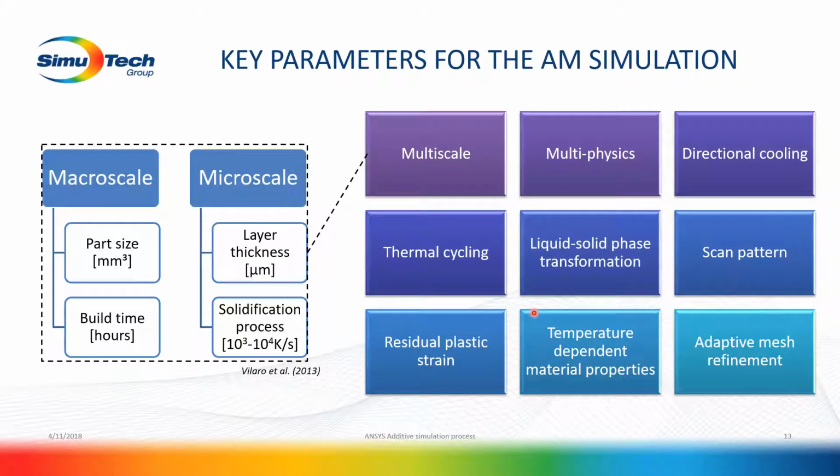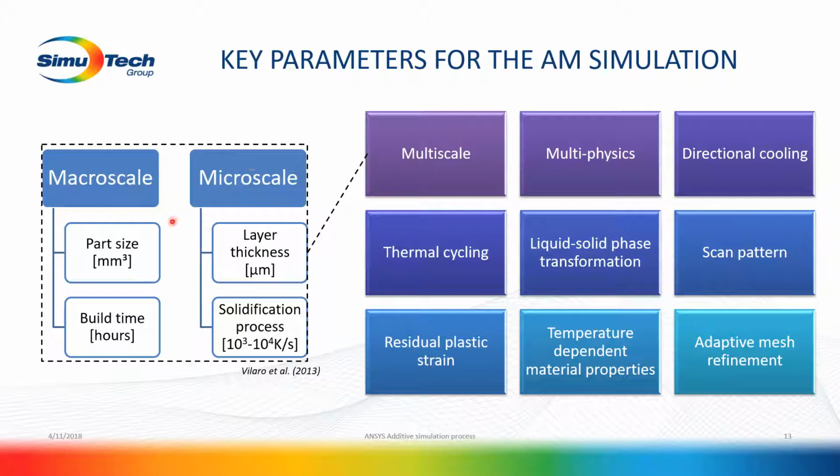First of all, I just want to give you an overview of some key parameters that need to be taken into account if we want to simulate the additive process. I'll just go with an example about the multi-scale aspect. So we are facing a multi-scale analysis.